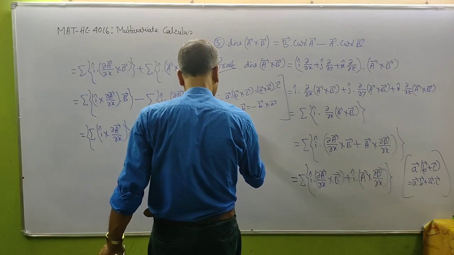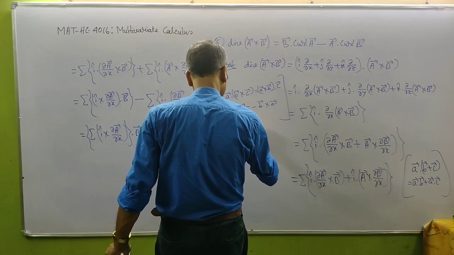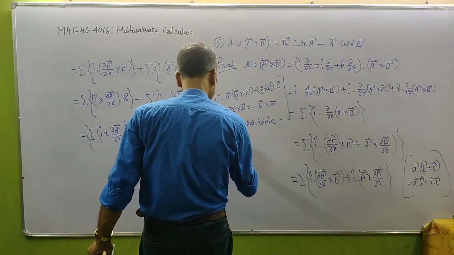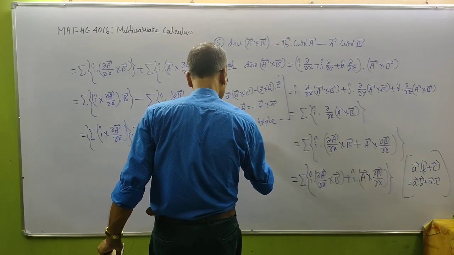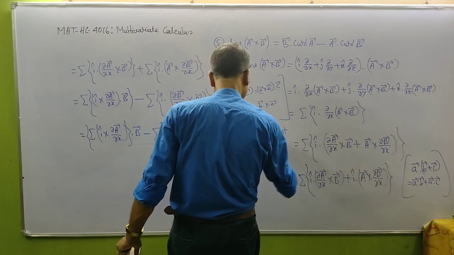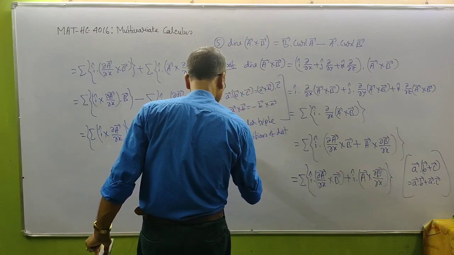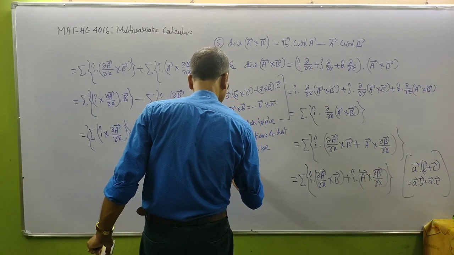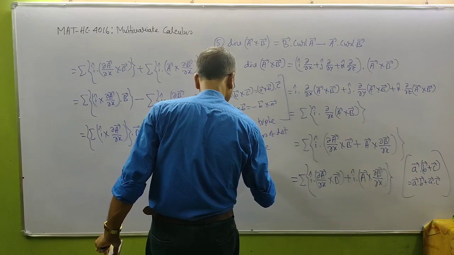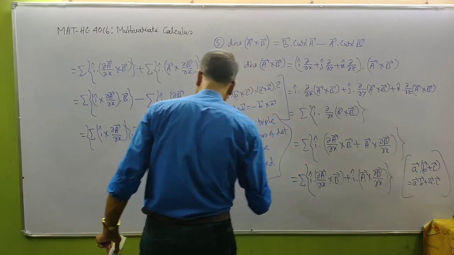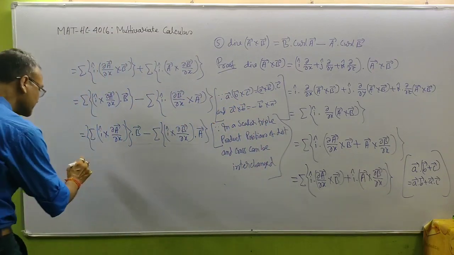Since in a scalar triple product, the positions of dot and cross can be interchanged.